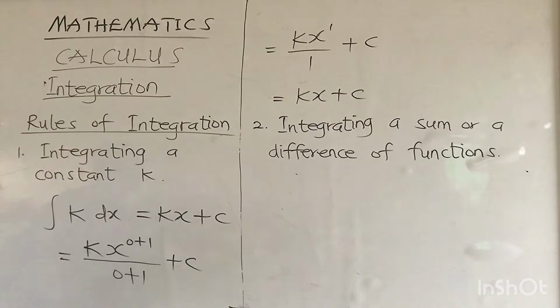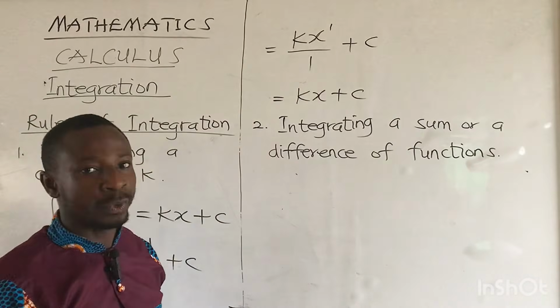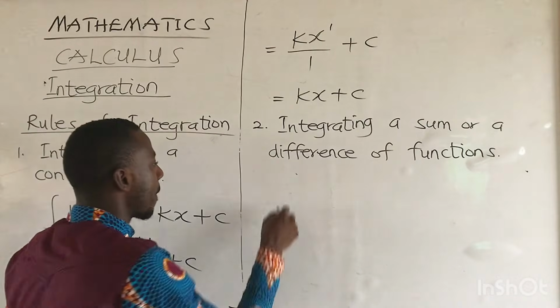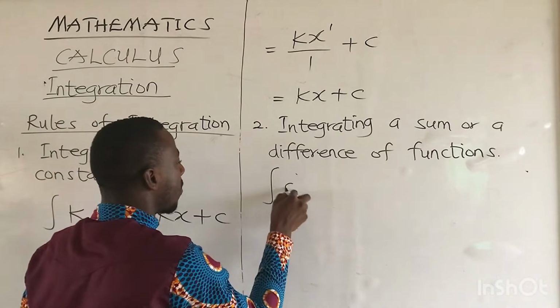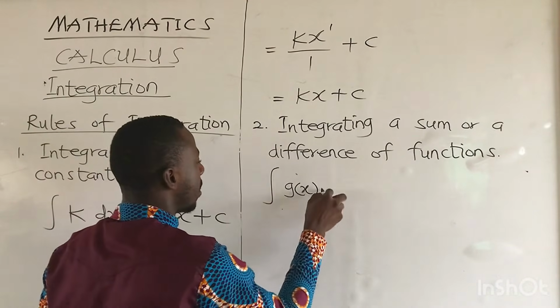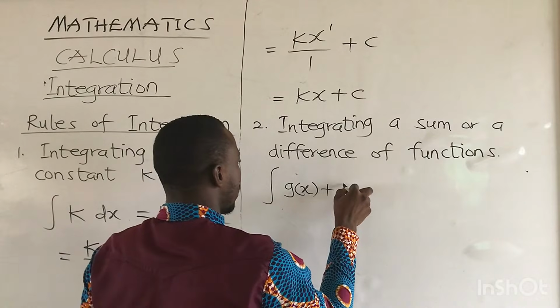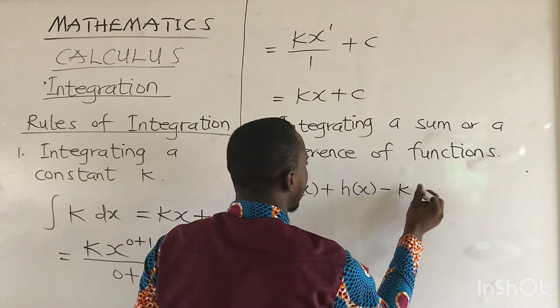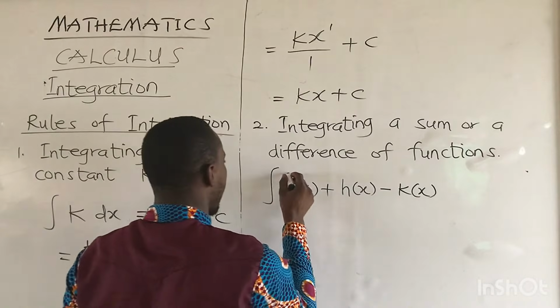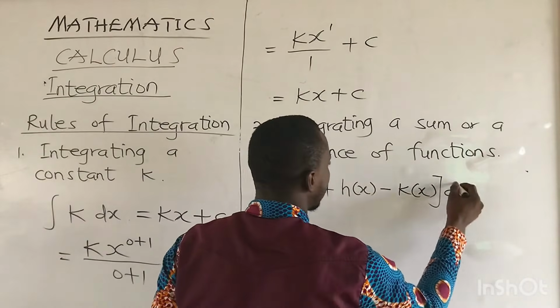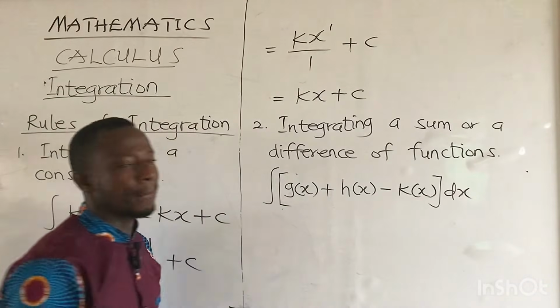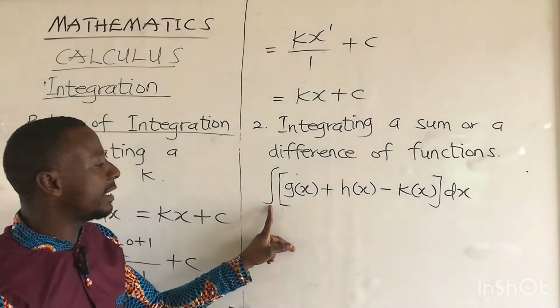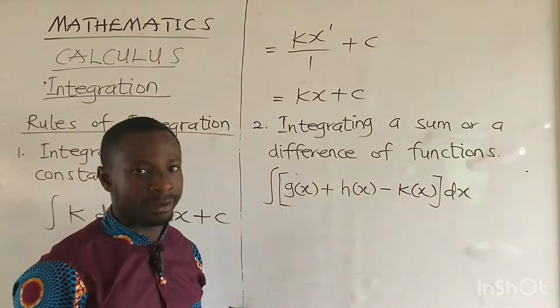So when you're integrating a sum or difference of functions, how do we go about it? For example, the integral of g of x plus h of x minus k of x dx. So from here, the integral must affect each of them.